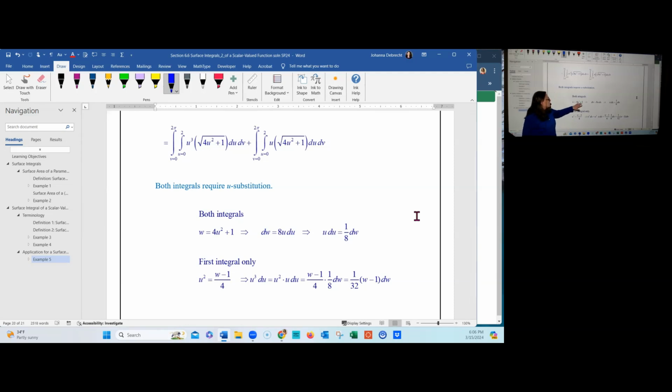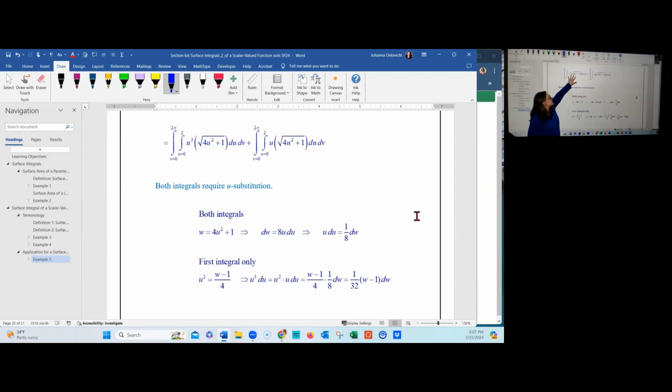I set w to be what's under the radical, 4u squared plus 1, take the derivative of both sides with respect to u to get 8u du, and then I solve for what I actually have inside of the integrand, which is u du. Now this will work out what I need on the second integral, since all I had other than the radical was u du.